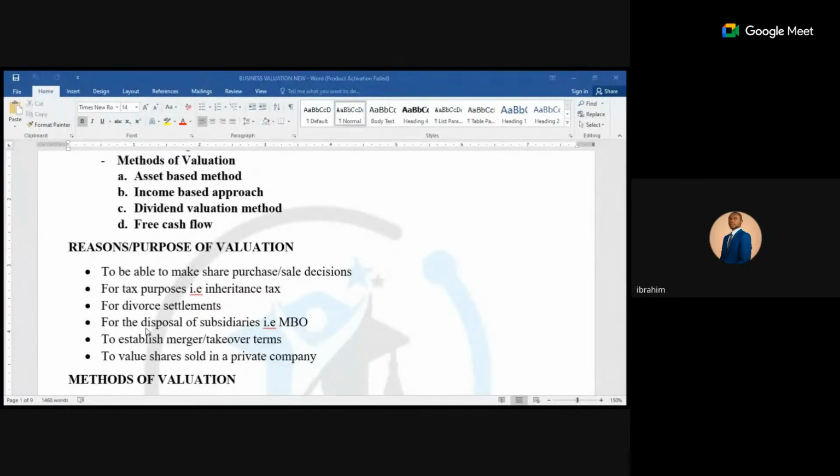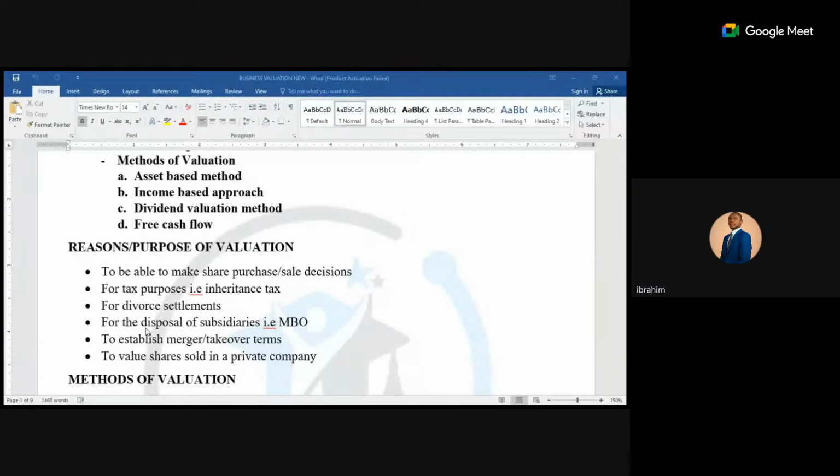The next thing is for divorce settlement, whereby a subsidiary or we want to liquidate, we want to go on our own, or when the business wants to liquidate. In a divorce settlement, they need to pay liabilities to their creditors.